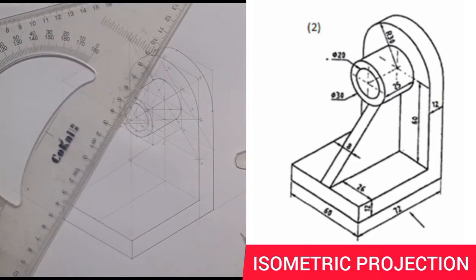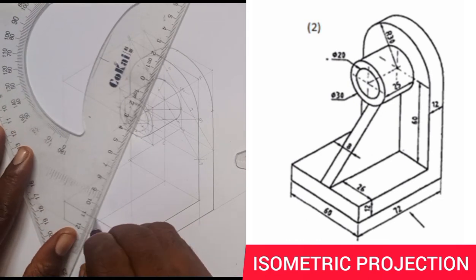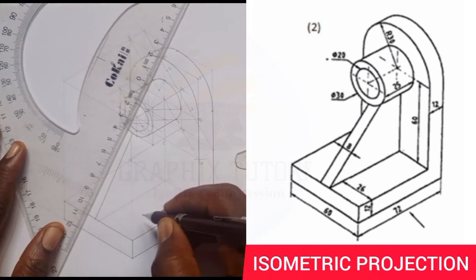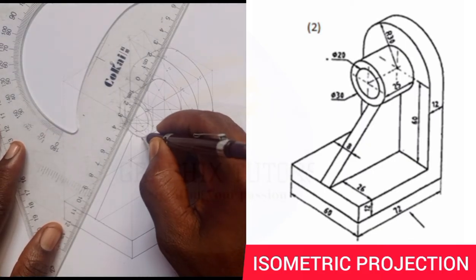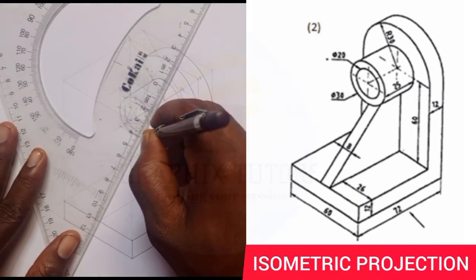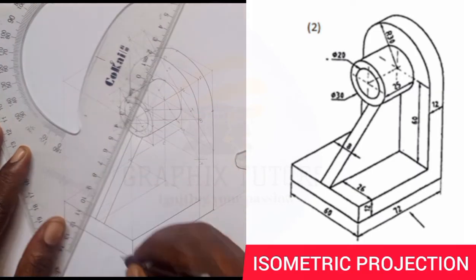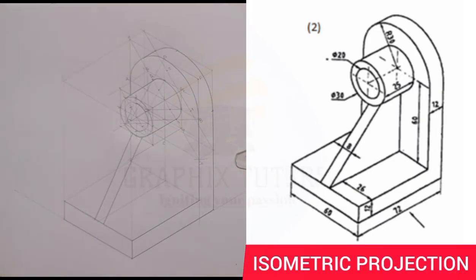So I'll take my meter rule from this point and join it to this point this way. I'll come here too, at this point, and I'll join it to this point. Hope you can see that.